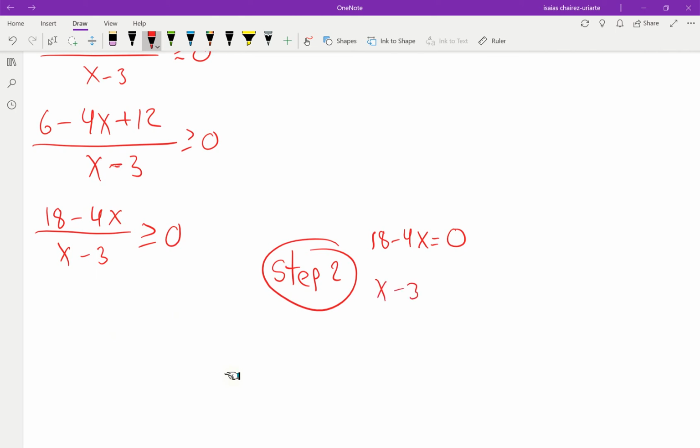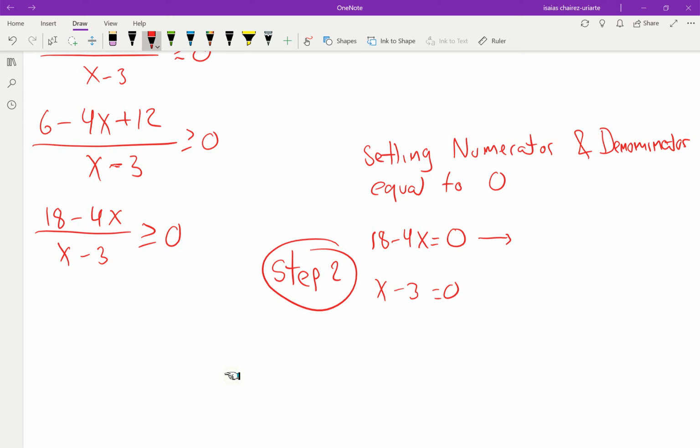So here I'm setting the numerator and denominator equal to 0. This is going to give me the answer x equals 18 over 4, or 9/2. And this is going to give me the answer x equals 3.